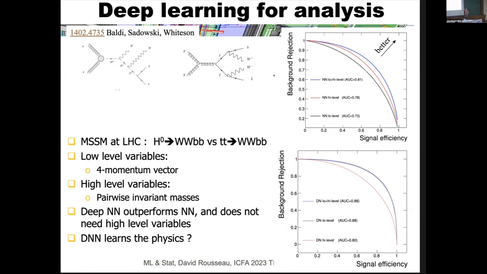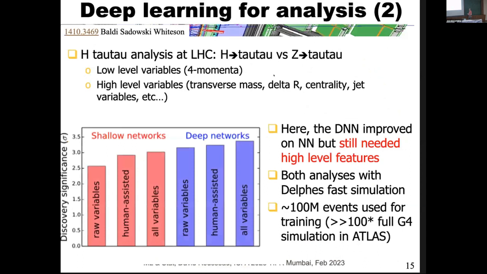Okay, and they summarize this as: the neural network is learning the physics because it is extracting all the information from the high-level variable. Except, so this was very nice, it was published in Nature Communications, except then they look at a different data set, which is auto-analysis at the LHC, which is more difficult.